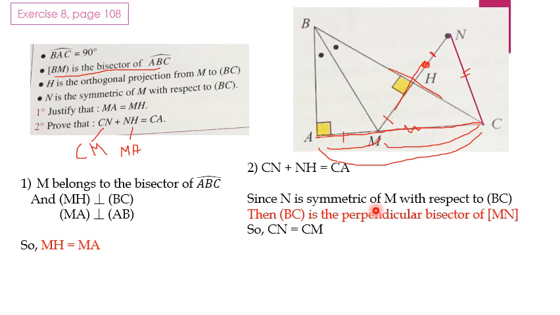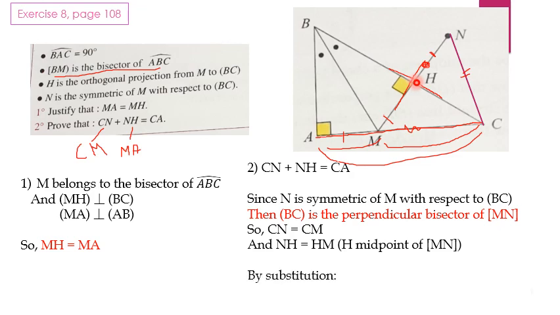Since N is symmetric of M with respect to BC, then BC is the perpendicular bisector of MN. That's what we said, BC is the perpendicular bisector of segment MN. So CN equals CM, since any point on the perpendicular bisector is equidistant from both extremities of the segment. And NH equals MH, since H is the midpoint of MN.